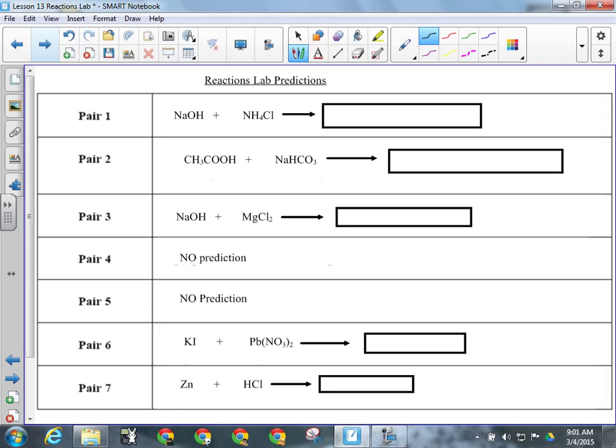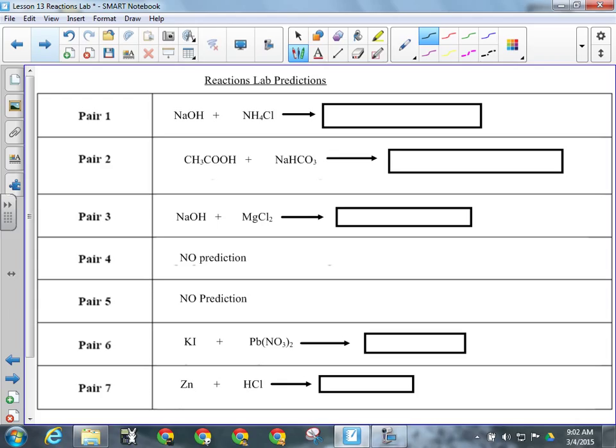All right, so pair 1, I've got sodium hydroxide being mixed with ammonium chloride. Are those both ionic compounds? Yes, they are. Ammonium is a polyatomic ion acting as a metal. Chlorine's a nonmetal. Metal, polyatomic ion. It's got to be ionic. So, what kind of reaction starts out with 2 ionic compounds?